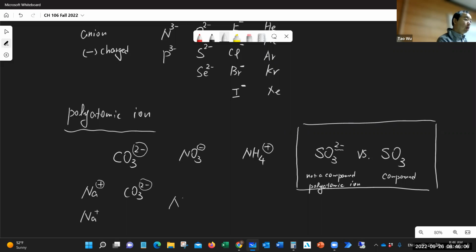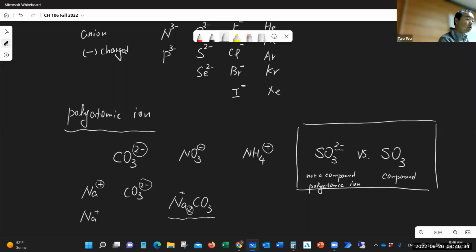So when you write that, it's going to be Na2CO3. This 2 means we have two sodium ions, and CO3 means the carbonate. When you write this as a compound, you don't write any charge.